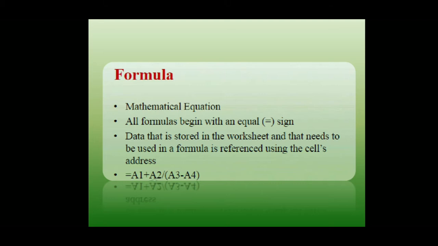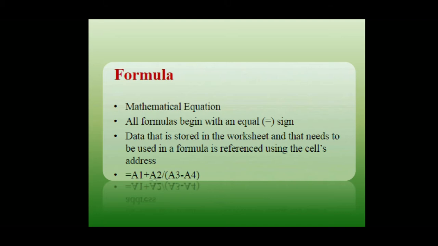So let's understand the four elements of a formula. The first one is a value. Values can be numeric values or string values. String means characters: the words and letters are string values. Then a cell reference is another element of the formula. The cell reference is the address of the cell on which you want to apply the formula.